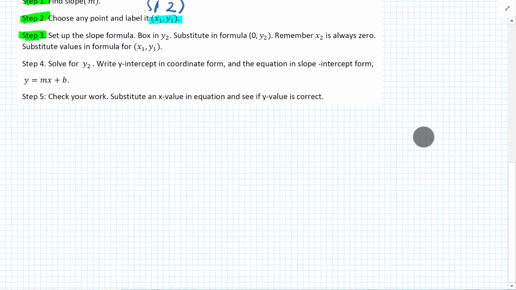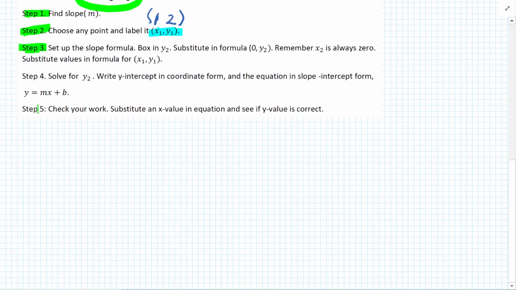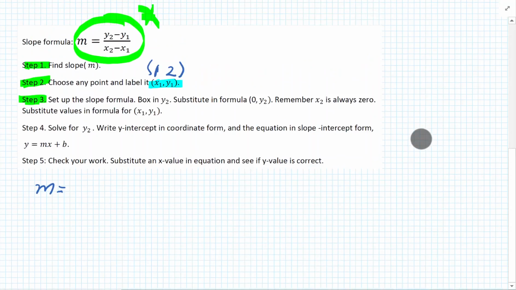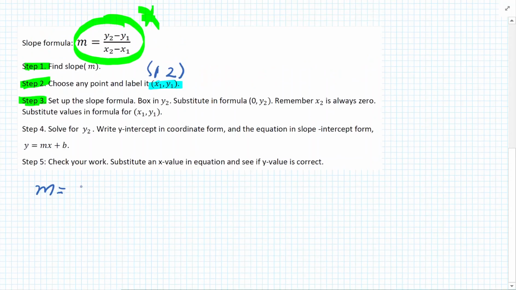I'm going to do that work down below. Slope equals, if you don't remember, let's look back at the formula. y2 minus y1 over x2 minus x1. So we wrote the formula.